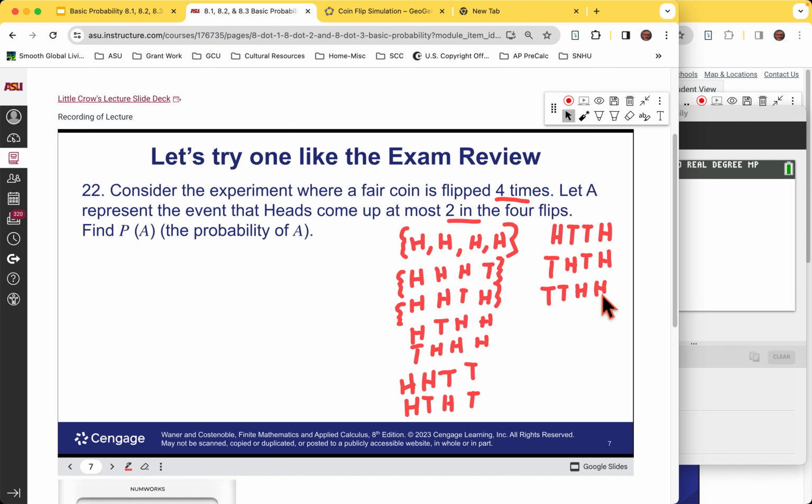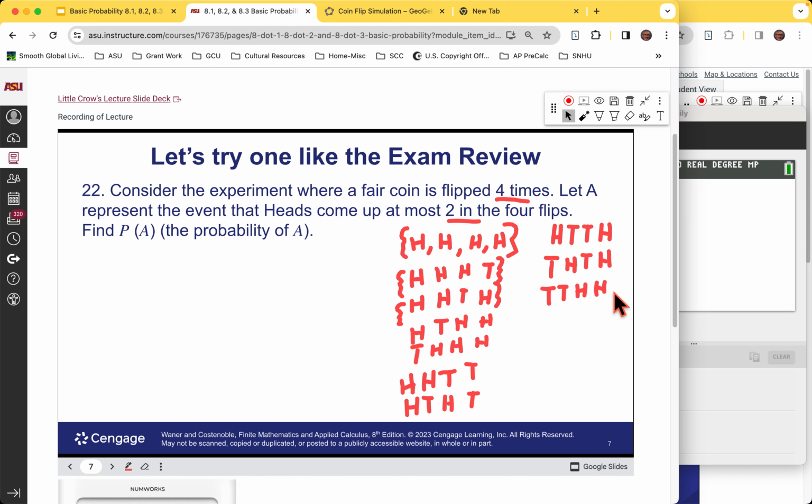Now, you'll be thankful that the one you're asked to do in the review has only 3 flips. So I took the harder one. 3 flips is going to be easier to count because you've only got 3 flips and you've got to kind of go through all this. But it'll be helpful. So that's 2 tails, 2 heads. Did I get all the different ways? Watch me to see if I missed anything that you can think of. I think I got all the different arrangements.